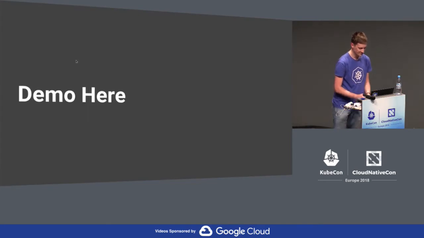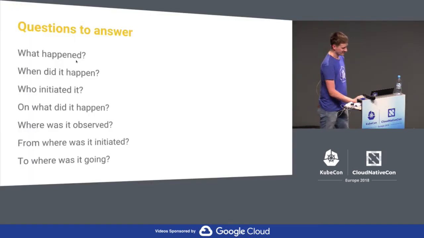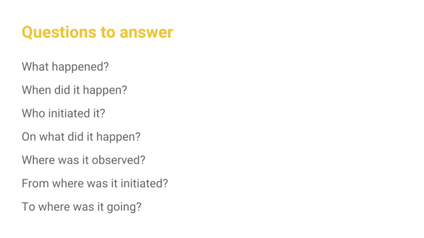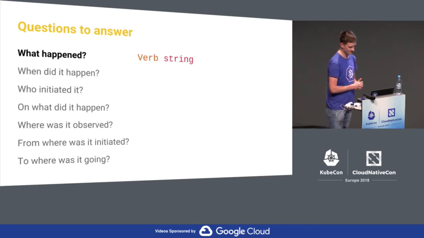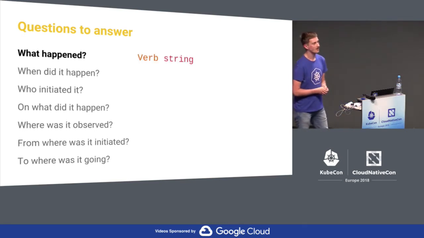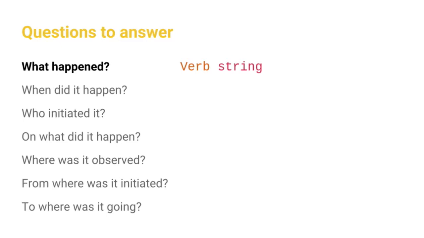Now let's go back from the demo to the slides. To be useful, audit logs should answer the next 7 questions, and now I'm going to show you where you can find answers to all of them. So the first one is: what happened? Was a pod created, was it deleted?